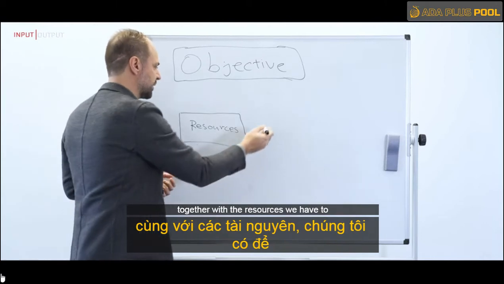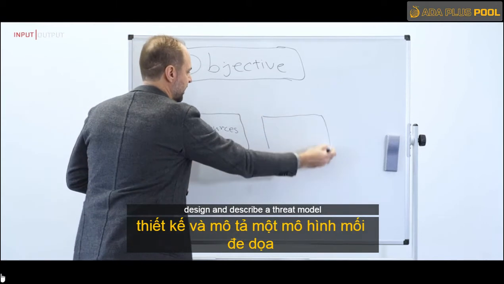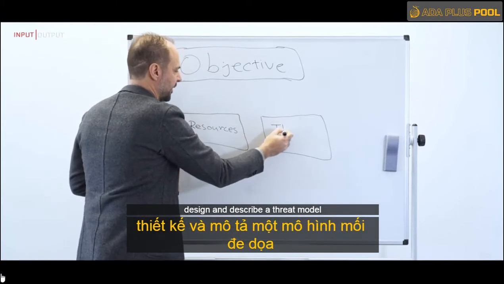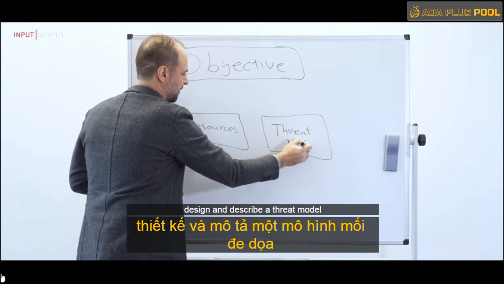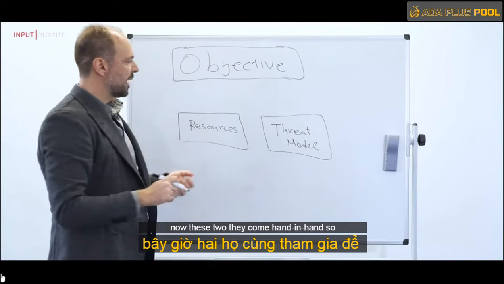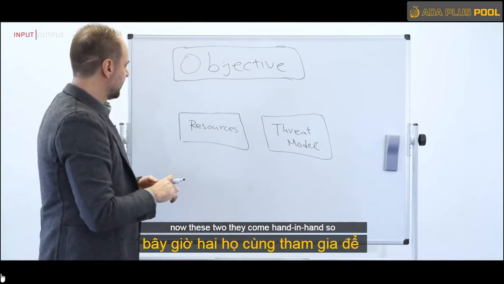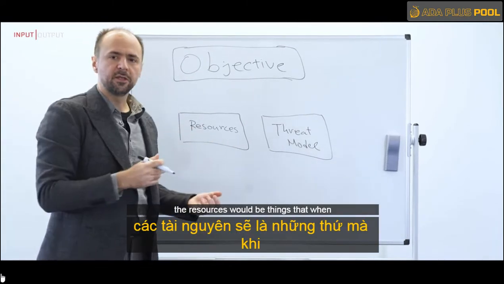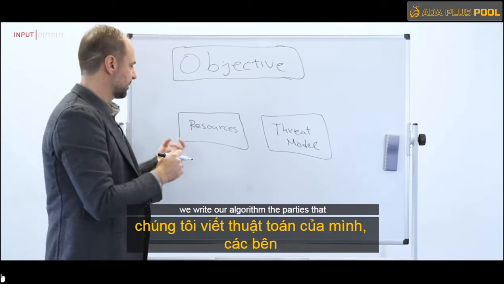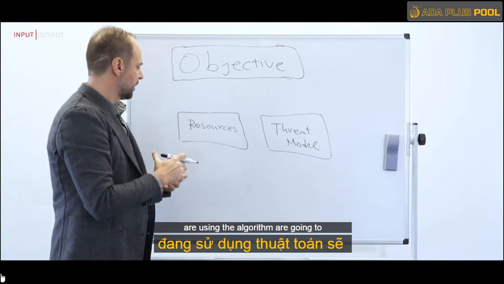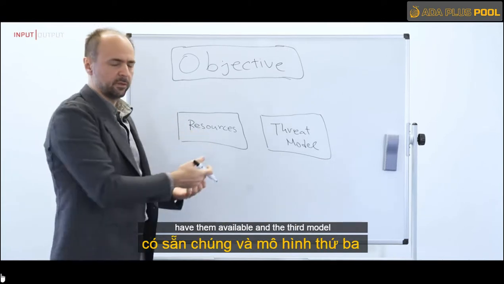And together with the resources, we have to design and describe a threat model. Now these two, they come hand in hand. So the resources would be things that when we write our algorithm, the parties that are using the algorithm are going to have them available.